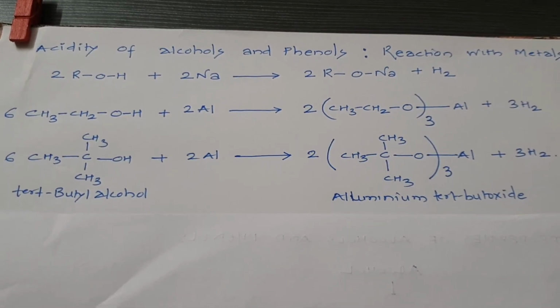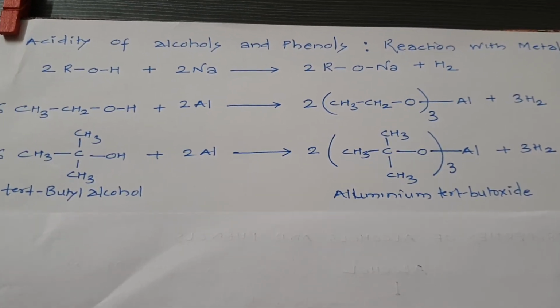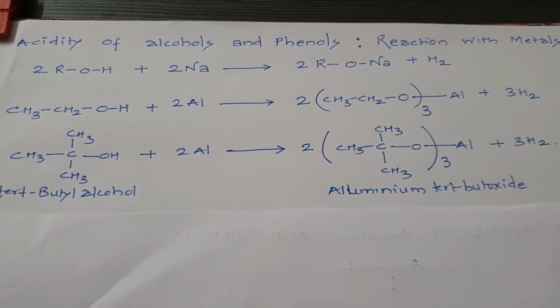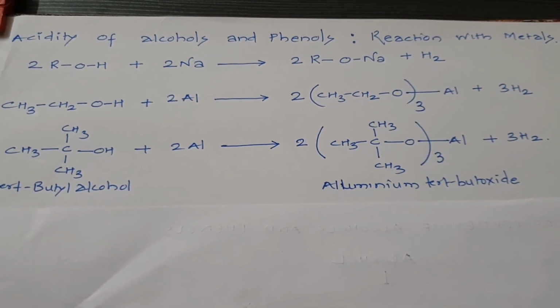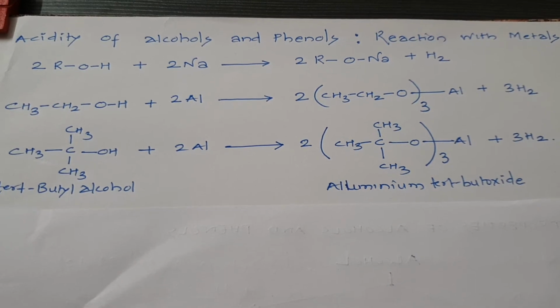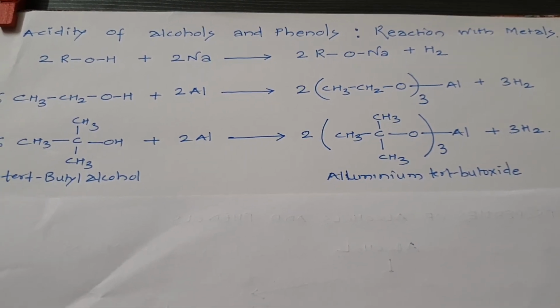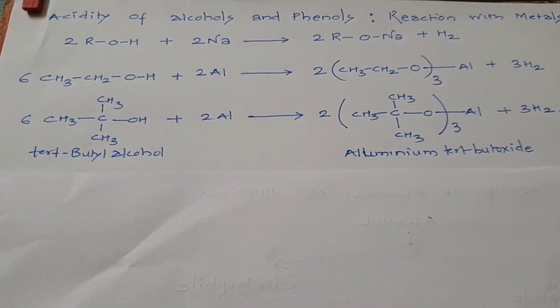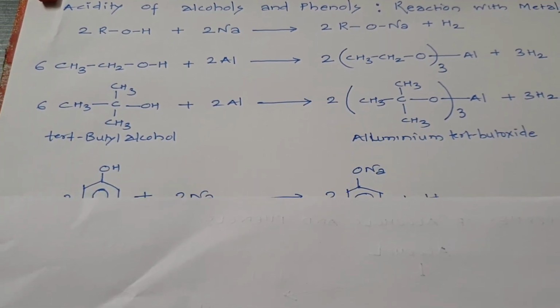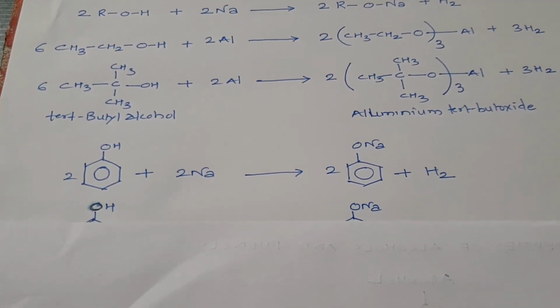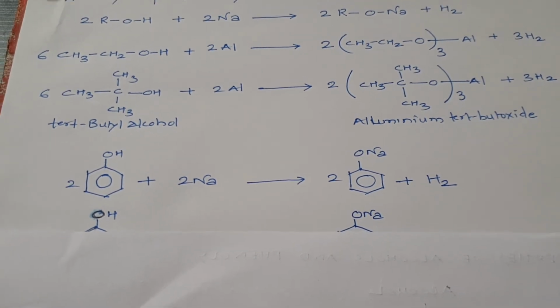So, these 3 reactions show us the acidic nature of alcohol, wherein hydrogen is being cleaved from oxygen, thus giving out hydrogen gas. A similar kind of reaction is also observed in the case of phenols.